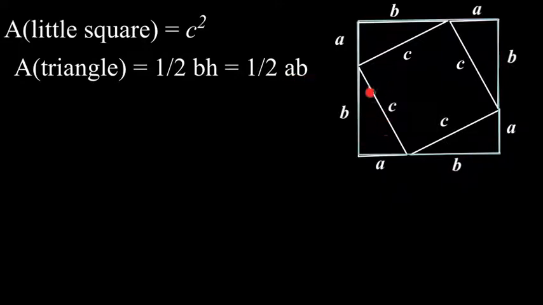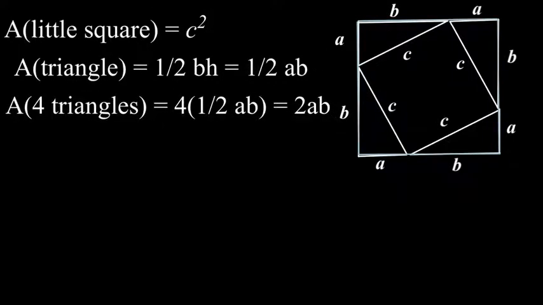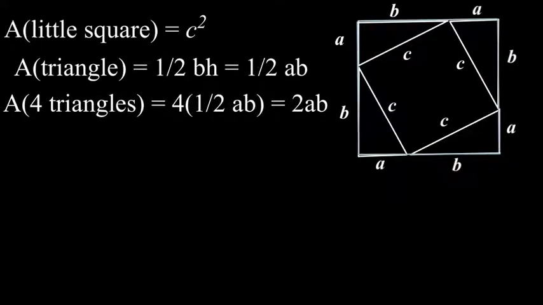But we don't have just one triangle, we have 4 triangles. So we would multiply that by 4, and the area of the 4 triangles altogether would be 2ab.